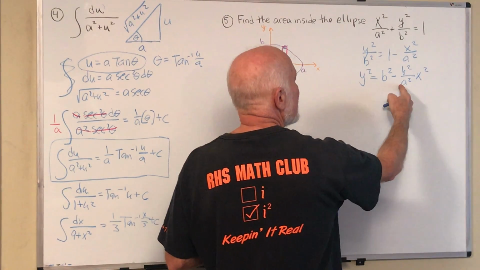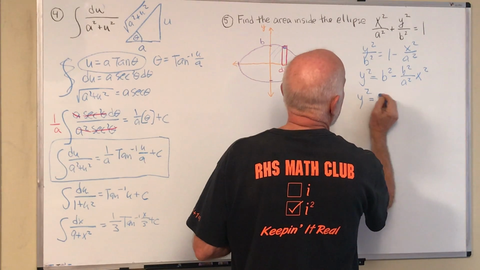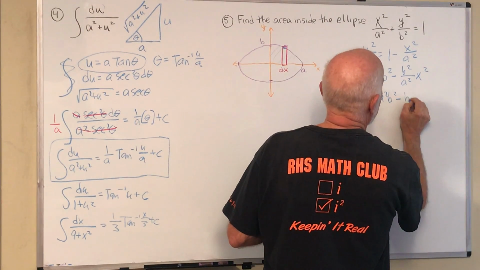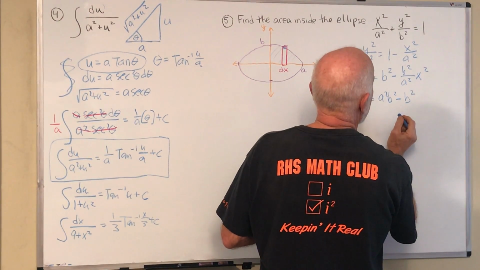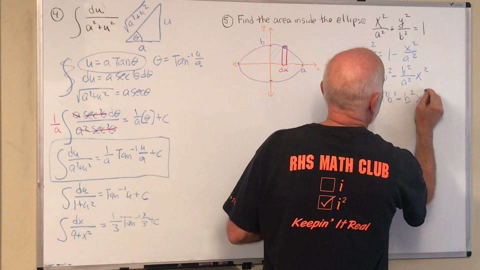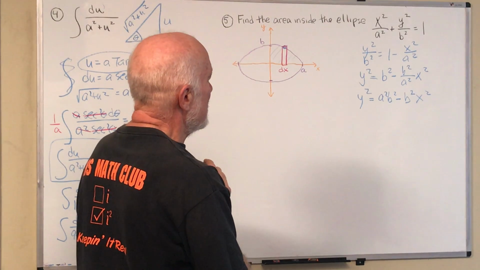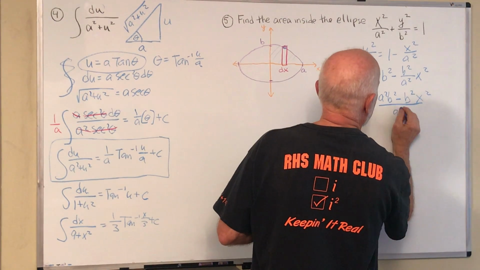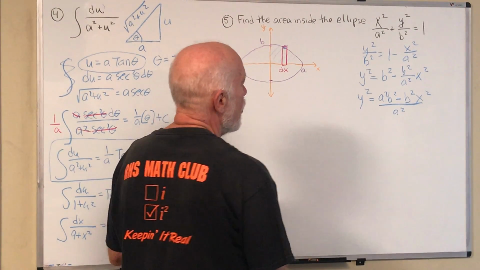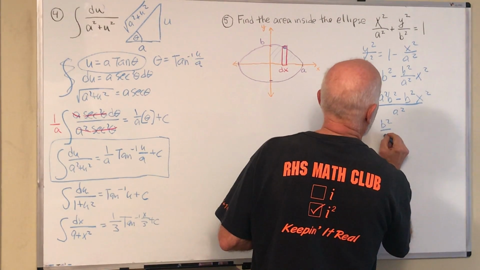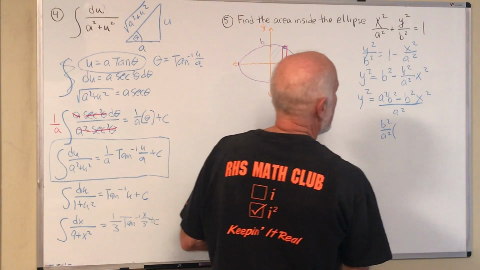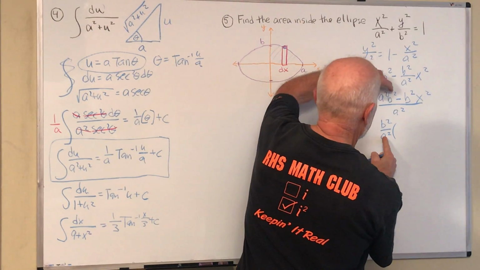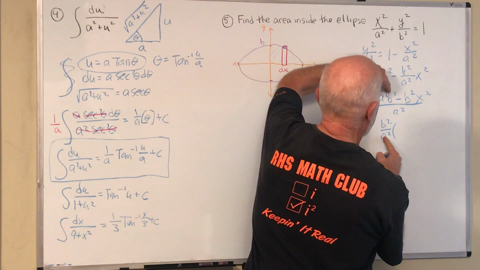So what we want to do is get a common denominator. We can say y squared equals b squared over a squared times a squared minus x squared, all over a squared.